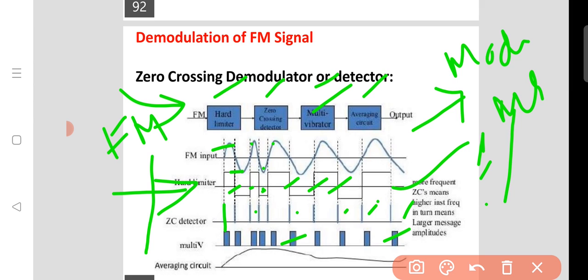Then it goes to the averaging circuit, which is a low pass filter. It smooths our actual signal with respect to our pulses. It adjusts our signal and tries to detect or retrieve our original message signal.